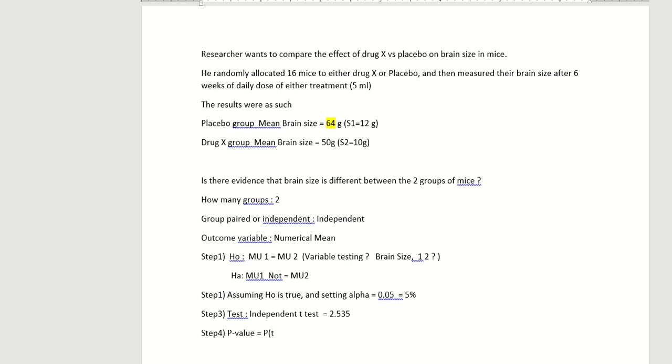This is the probability of the t as extreme as the 2.535 or more extreme, and there's a condition that the null is true. And according to our calculation, we figured out that our p-value is between 0.1% and 0.5%.